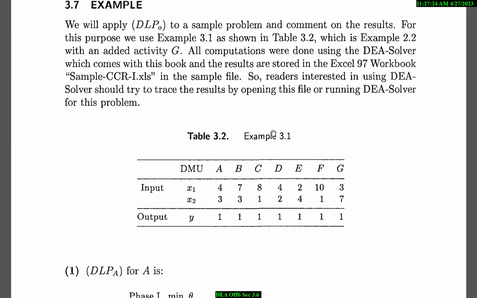Now we consider an example with 7 DMUs, each having 2 inputs and 1 output. The data you can see from this table. For example, A uses 4 of the first and 3 of the second input to produce 1 output.